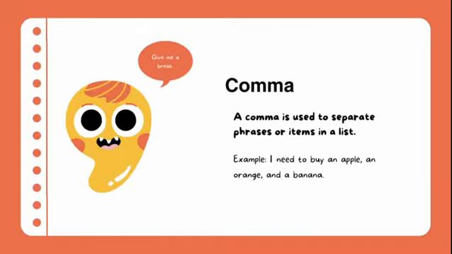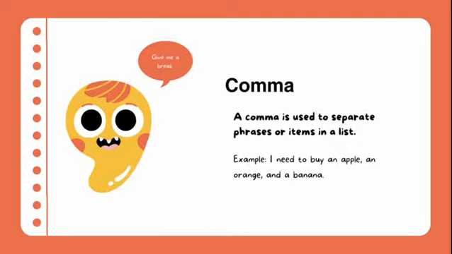Then we also have a comma, very important and commonly used too, meaningful if you know how to use it creatively and meaningfully. A comma is used to separate phrases or items in a list. Example, I need to buy an apple, an orange, and a banana.